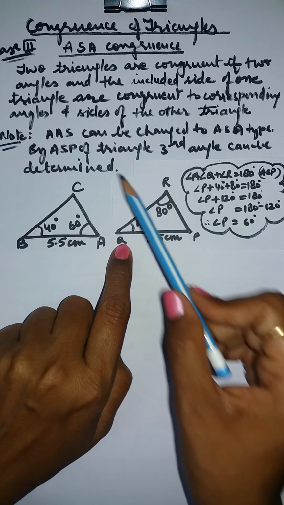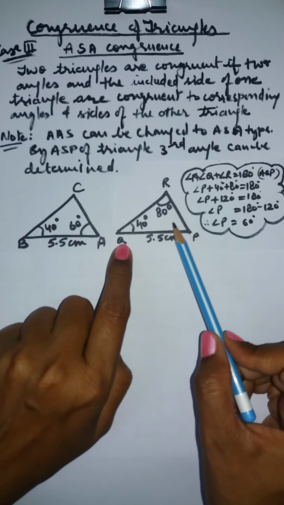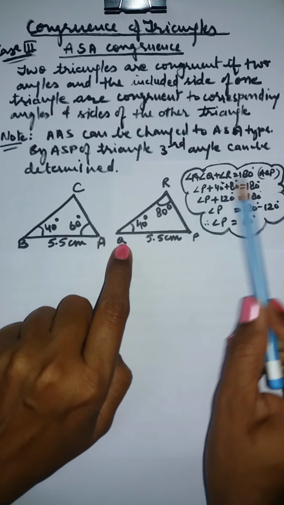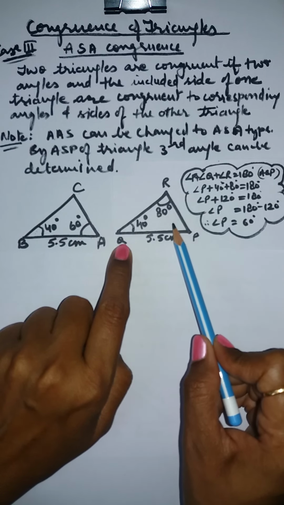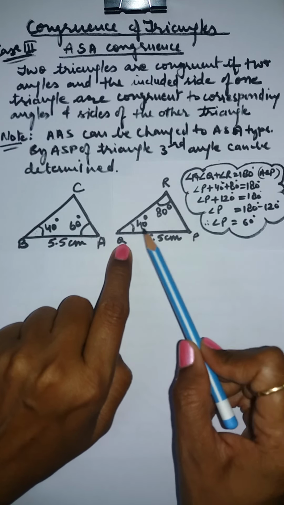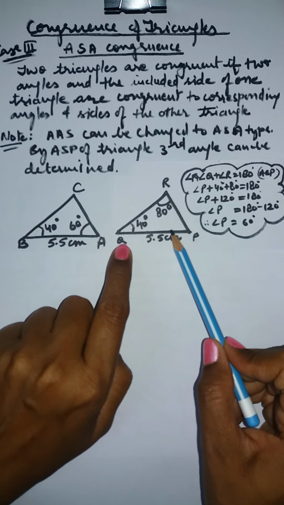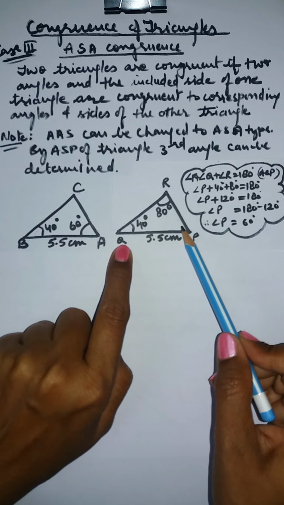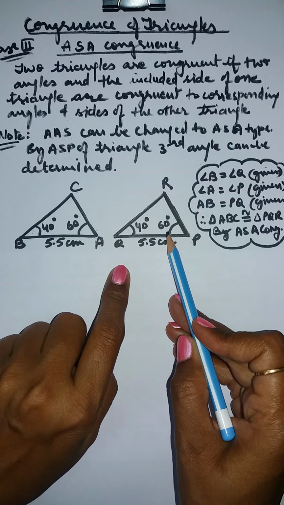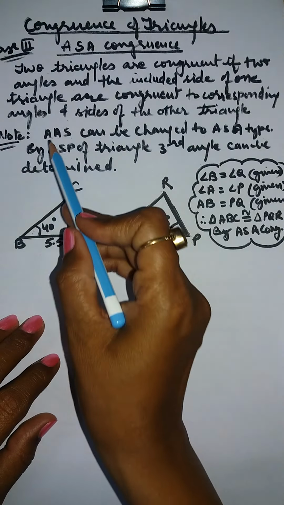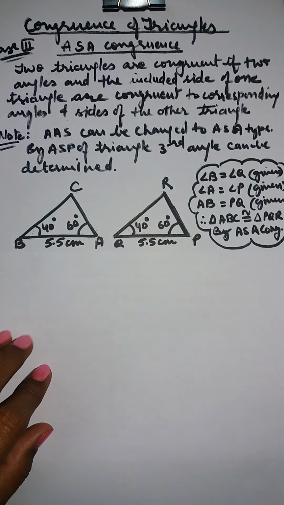So with the help of the angle sum property of a triangle, we can find the third missing angle here. Like this is solved for you. So we can find angle P here, 60 degree. Automatically, this angle, the included side and one angle have appeared, which is the same 60 degree and 60 degree like the previous one. So we can prove this, and we can change AAS type congruence back into ASA type congruence.